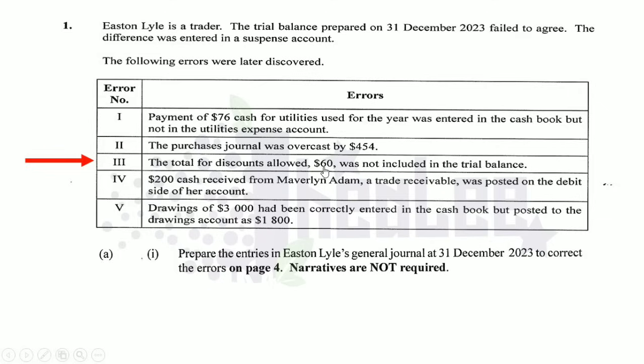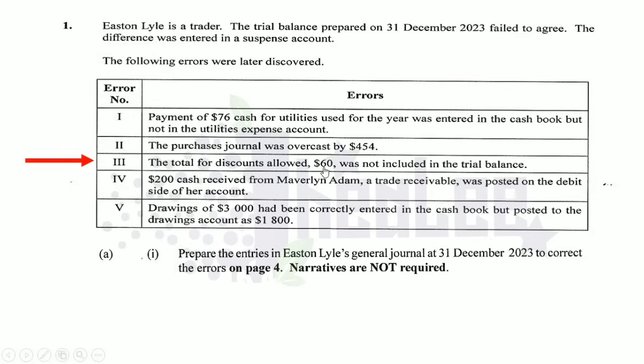Now, what are we going to do to correct this error? Are we going to debit discount allowed, or are we going to credit discount allowed? In this case, because discount allowed is an expense and it carries a debit balance, we are going to debit the discount allowed account. Why are we debiting?